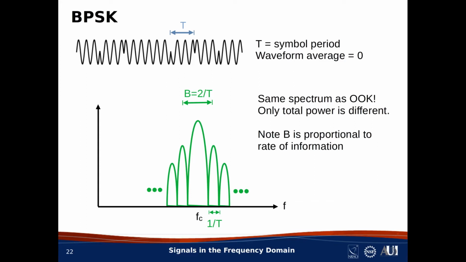What does it mean that OOK and BPSK give us sinc spectrum? What it means is that the spectrum is determined entirely by the fact that we hold the carrier constant between the symbol boundaries. What the values of the magnitude or phase are during that time is irrelevant, just as long as they don't change within the symbol period. So if we have that property, then we're going to end up with sinc spectrum.